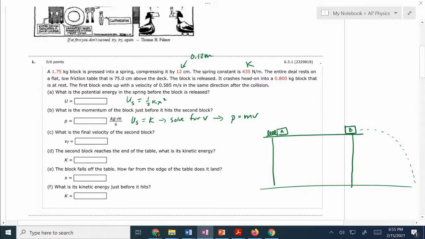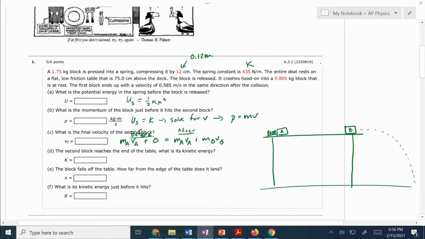What is the final velocity of the second block after the collision? For that, you take the momentum of the block before: m_A times v_A before the collision. Block B is not moving, so plus 0, is equal to m_A v_A after the collision plus m_B v_B.